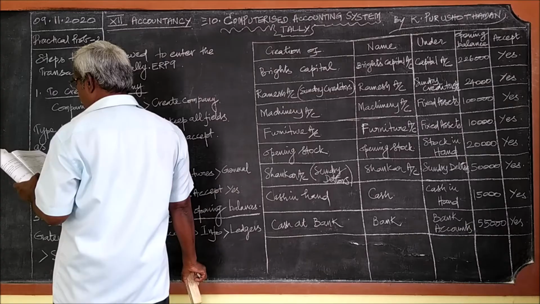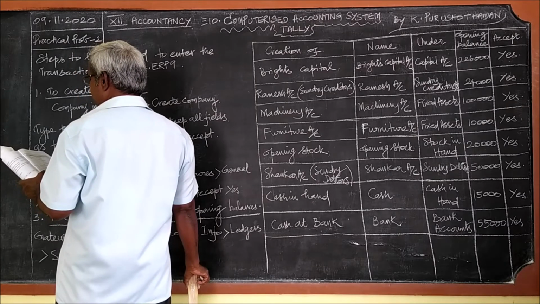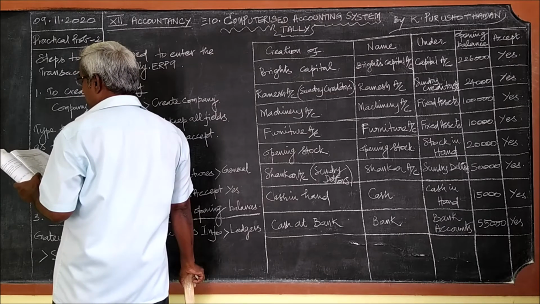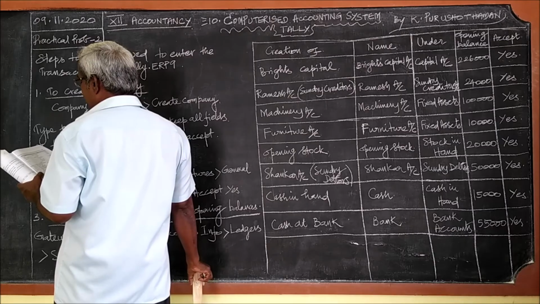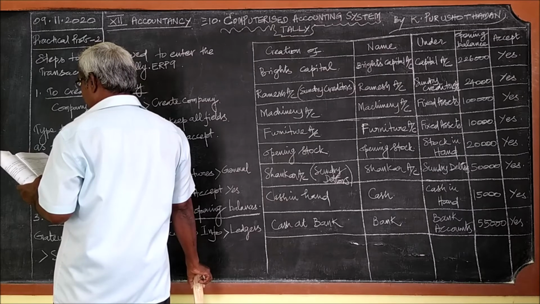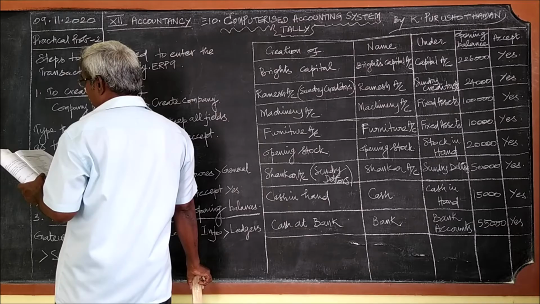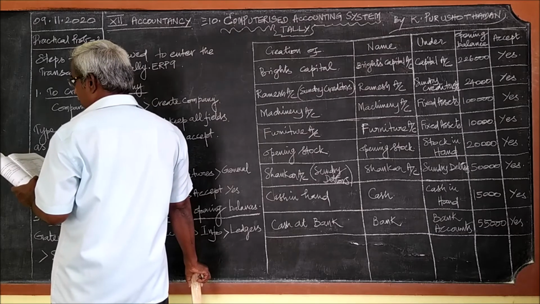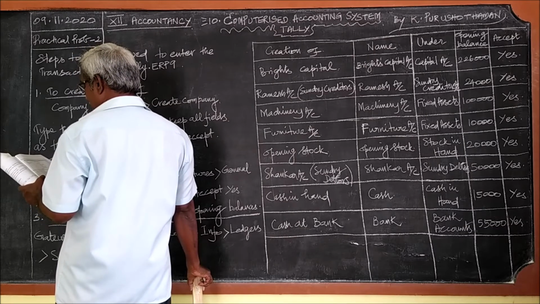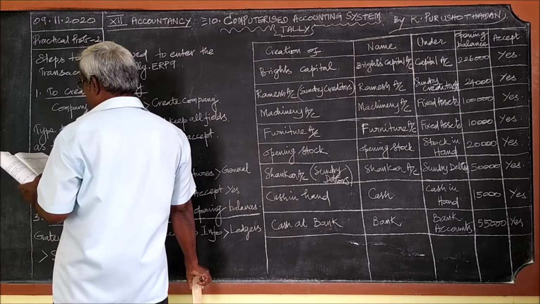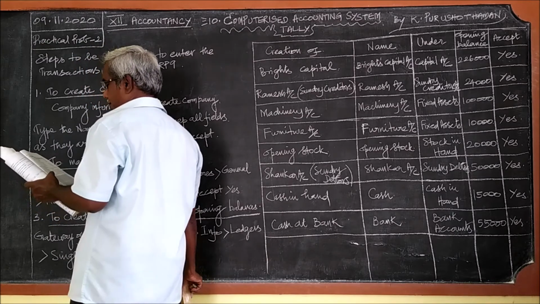This is also an opening balance sheet. The same items in liabilities, more or less the same items in assets. Three plus three, six, six plus two, eight, the same 8 items. Only the amount varies.